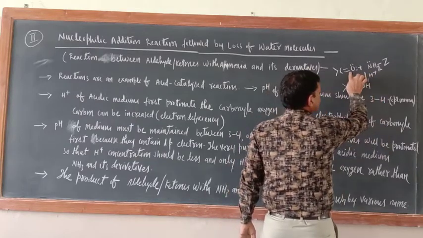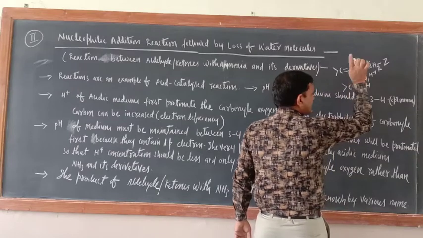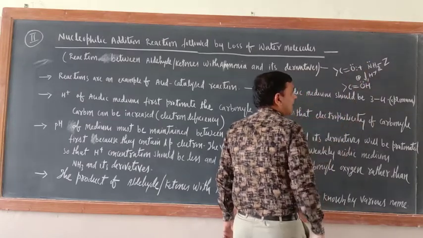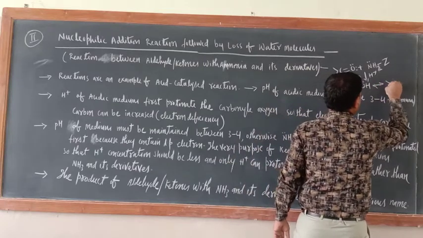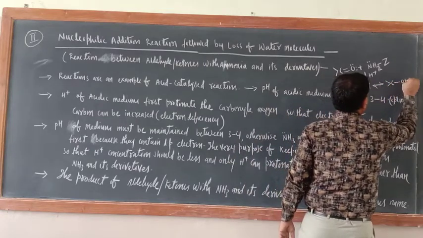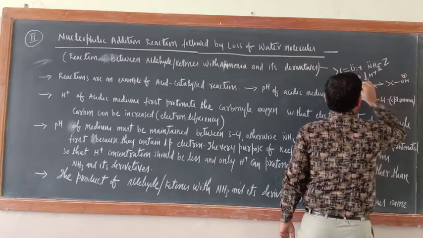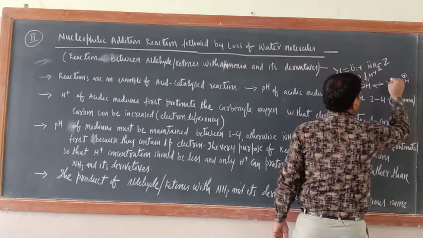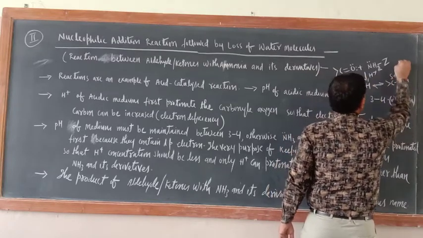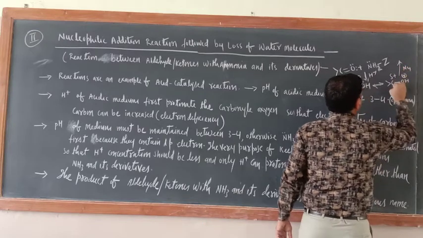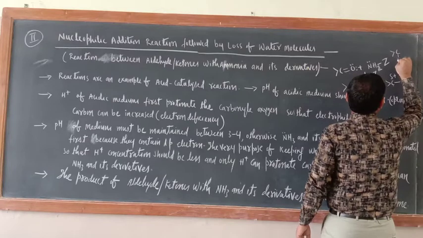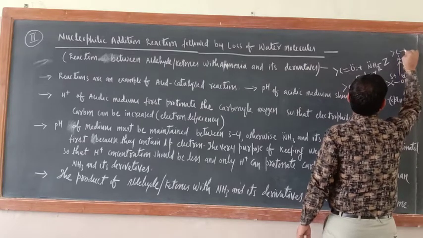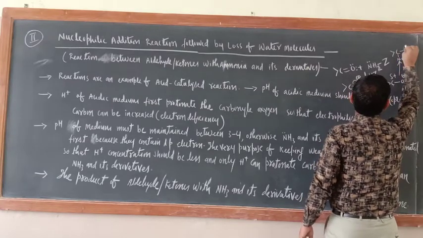They will protonate this carbonyl oxygen only, and we require that one only, correct or not? Now next step what would be there? This is C, now OH, here positive sign. Now this electron will be moved this side and this will be positive, and now nucleophile will attack on this one. So what would be the product? Product will be here Nu, now single bond O and H, correct or not?